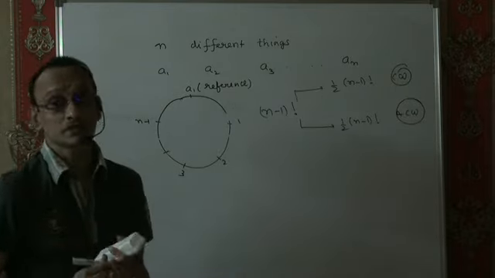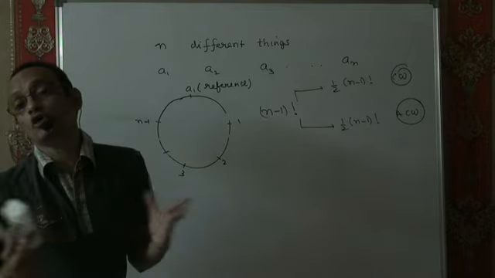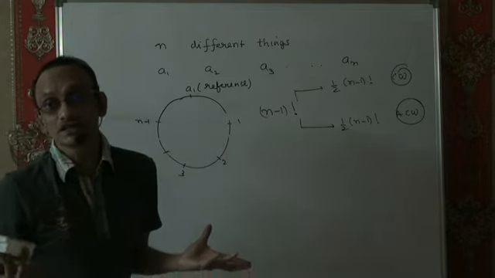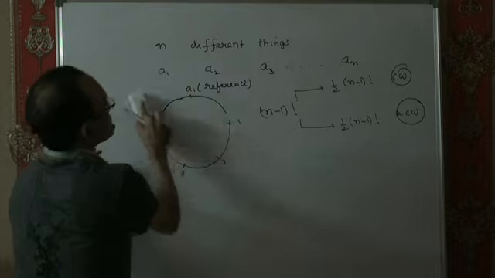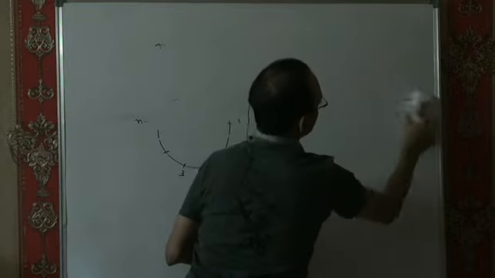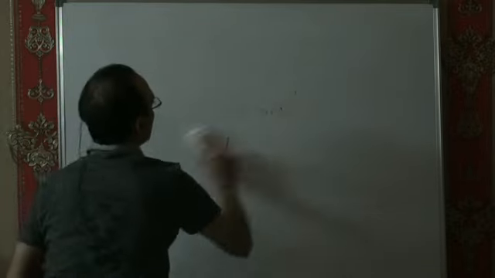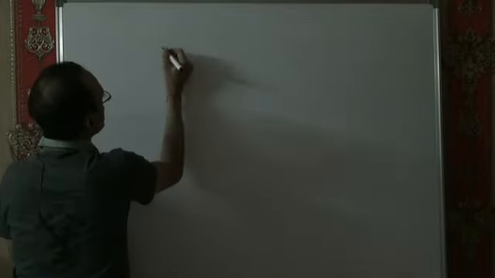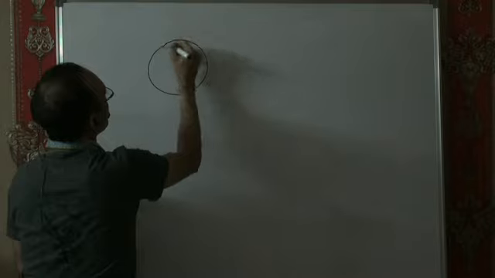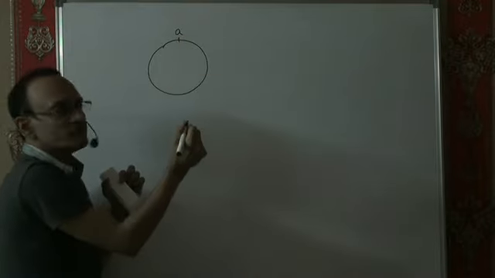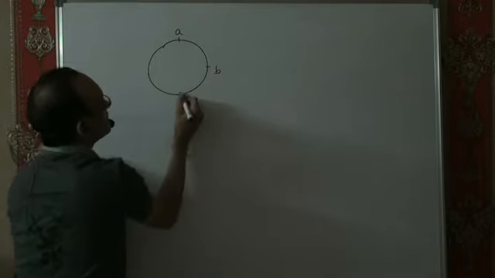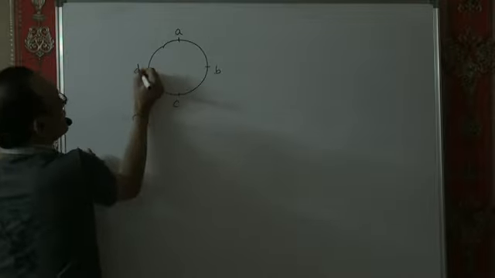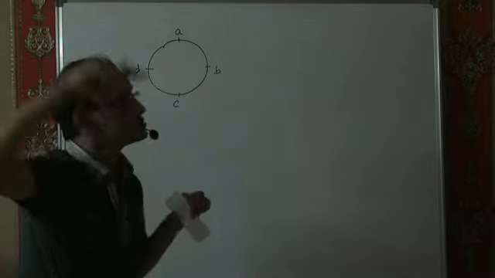Now there are times when the clockwise and anti-clockwise arrangements are considered the same, because suppose I had to create a garland, say of 4 flowers A, B, C, D. I fix one garland somewhere and say there is A, B, C, D. That's one possible way to create a garland of 4 flowers, right?